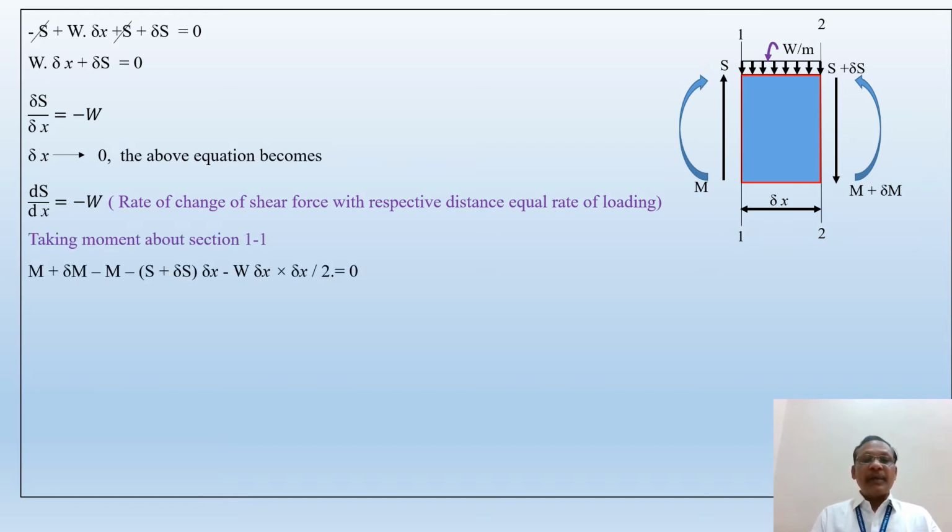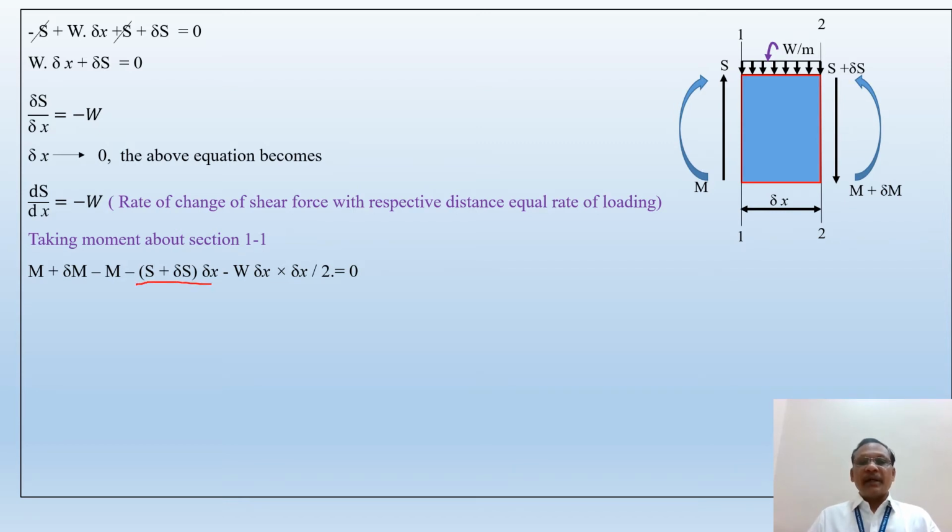Okay, so taking moment about section 1-1: M plus delta M, anti-clockwise positive, minus M, it is clockwise, that's why it is taken as a minus M. Minus S plus delta S will create a moment in a clockwise direction, S plus delta S into dx, this equation.